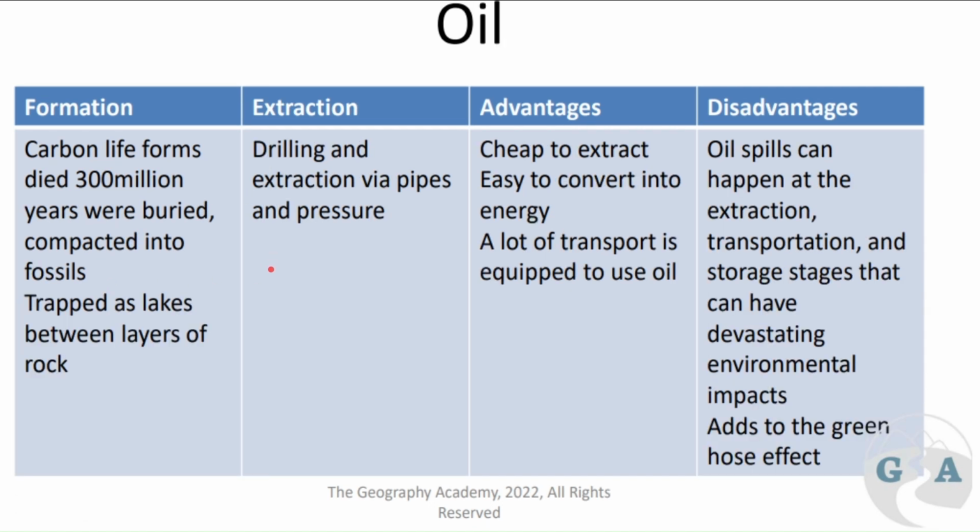Oil has almost the exact same history there. It's often buried with trapped life forms in water. So carbon-based life forms again trapped, compacted, and compressed over time. So under pressure becomes oil, and this can then be extracted from the ground as well. Now, some of that needs to be refined into different methods, but we found that its primary use is for transport.